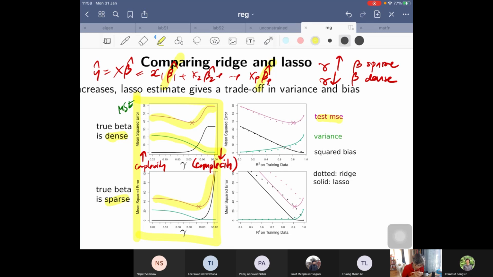First of all, variance is smaller as gamma is big because it's high bias. Of course, we know that variance and bias are complementary to each other.